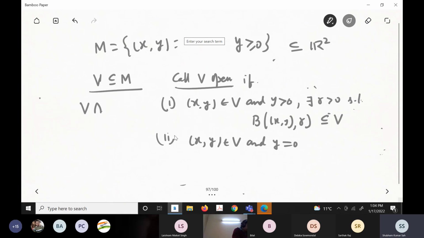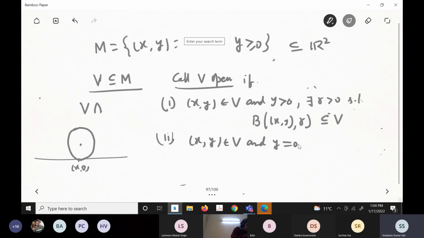Basically this is your point x0. This kind of disk I need. I don't know how to write it.